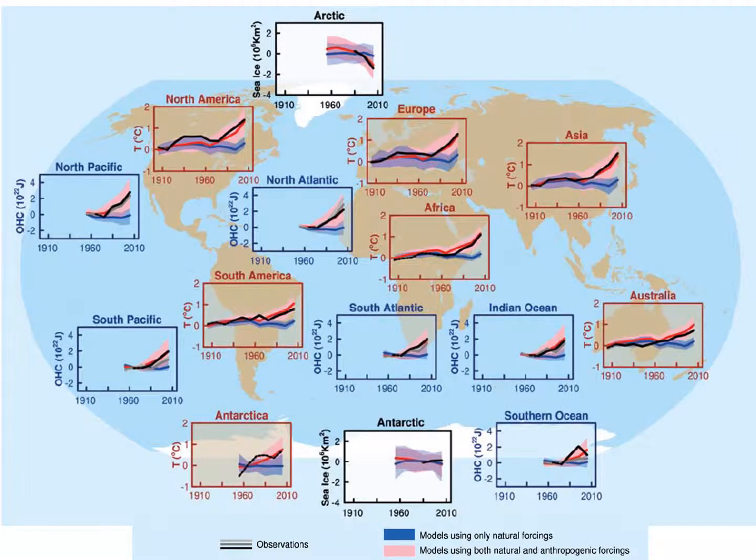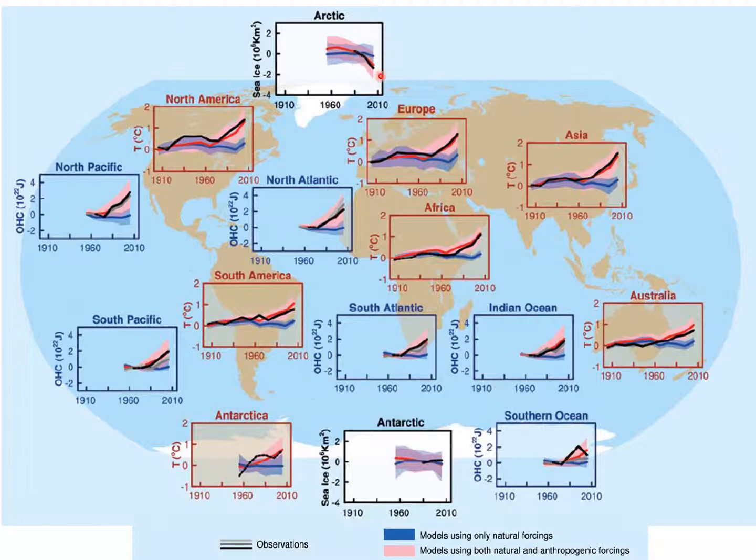So if you look at the sea ice cover in Antarctica, down here at the bottom, it doesn't matter. Our models are not very sensitive to having anthropogenic forcing. And that's because there's not much change going on in Antarctic sea ice at the moment. But if you look at the Arctic sea ice at the top there, you can see that the black line is descending rapidly.